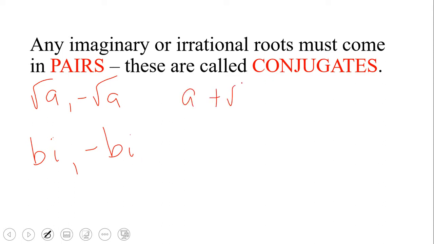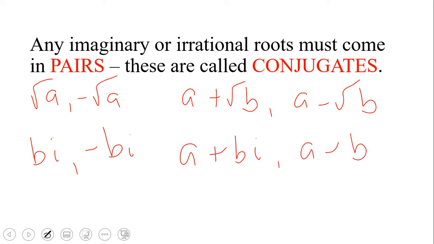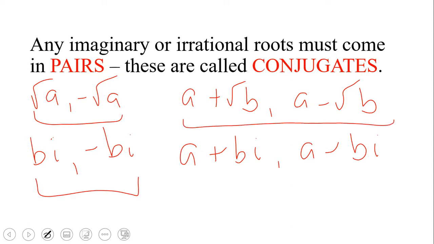A plus the square root of b, a minus the square root of b, a plus bi, and a minus bi. So everything about these problems says that they have to come in pairs. And again, that's what it means to be conjugates.